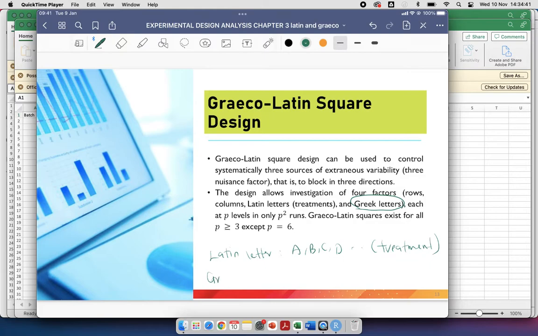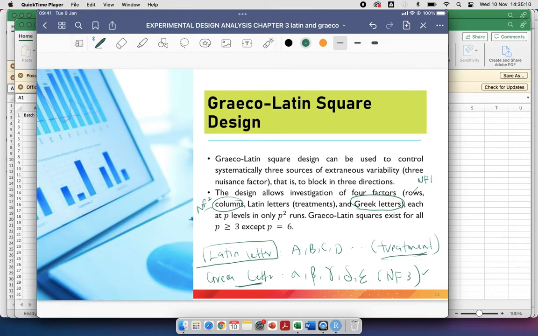Which ones are Greek letters? Greek letters are alpha, beta, gamma, delta, eta. This is for the third nuisance factor. Row is the first nuisance factor, column is the second nuisance factor, Greek letter is the third nuisance factor, and Latin letter is the treatment.